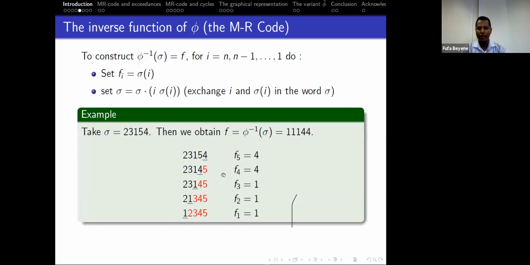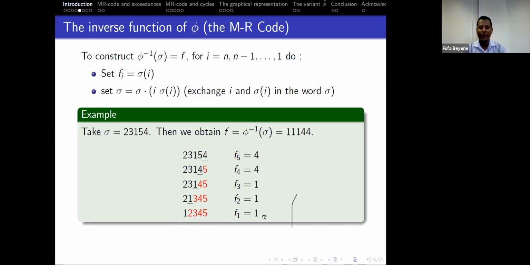Then you take f4, which is equal to 4, and do similarly, swapping 4 and 4 to come up with 23145. You take sigma of 3, f3, which is equal to 1, and then swap 1 and 3 to get 21345. f2 then is 1, and swapping 1 and 2, you will have 1, 2, 3, 4, 5, the sorted permutation, and then we have f1, which is equal to 1.